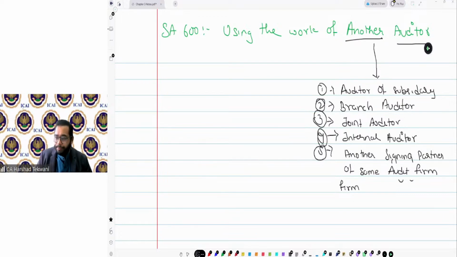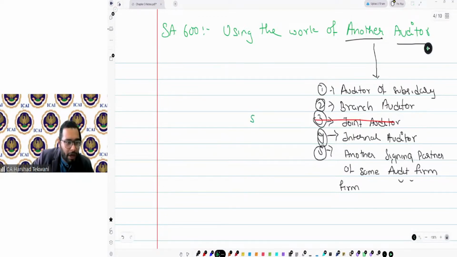Okay. So some are saying joint auditor is not covered. Majorly, you guys are saying that joint auditor is not covered. That is correct because that is covered by SA 299.